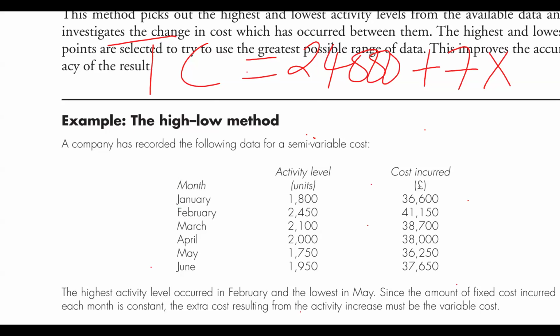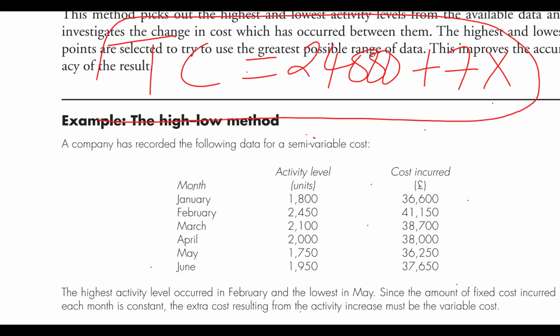Now, having said all this, which simply means that at each level, we can ask for the total cost at each level of output, given the equation.